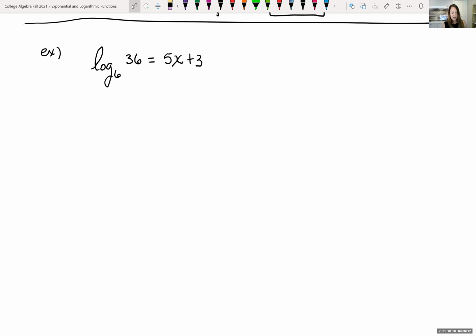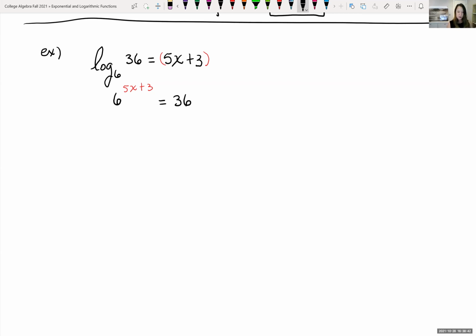I already have the log of 36, which is a positive number. Again, we want to rewrite this in exponential form. The base of our log is the base of the exponent, which is 6. The logarithm is always equal to the exponent, so our exponent is 5x + 3, with 6 raised to it equals 36.